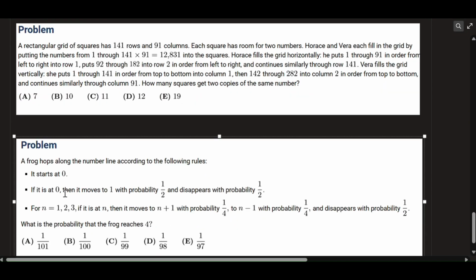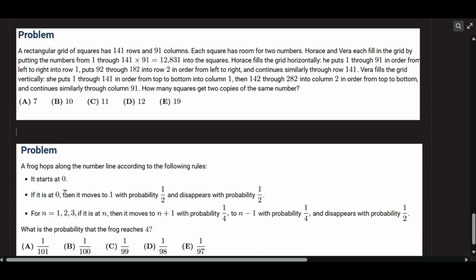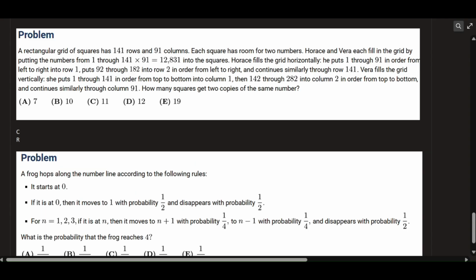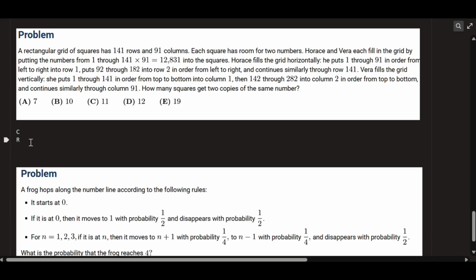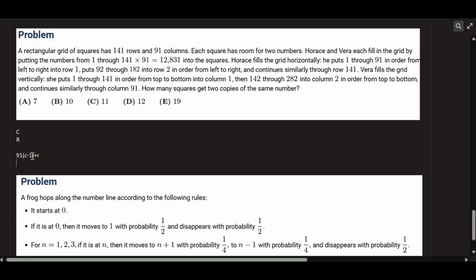This is a really fun problem. So what we do is that we let C be the column number and R be the row number. In the first scenario, where he puts 1 through 99 from left to right, we have 91 times C minus 1 plus R, when it's in the column form.